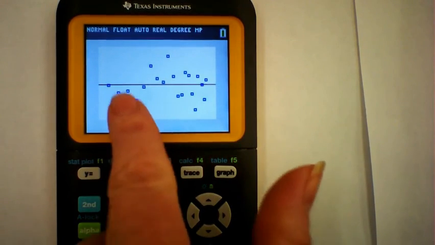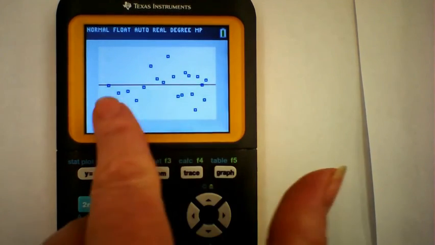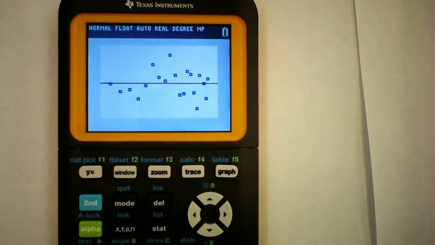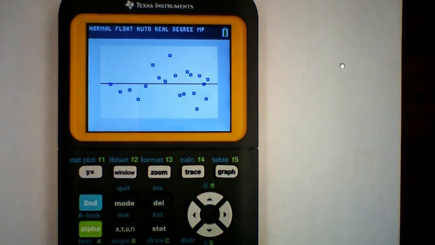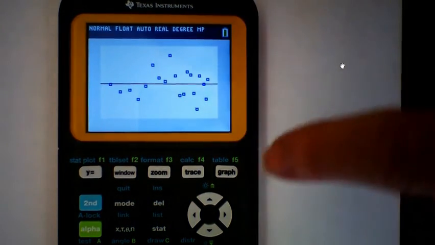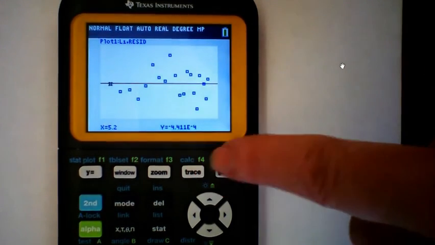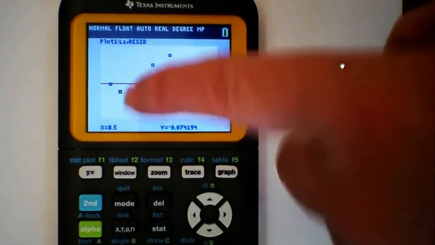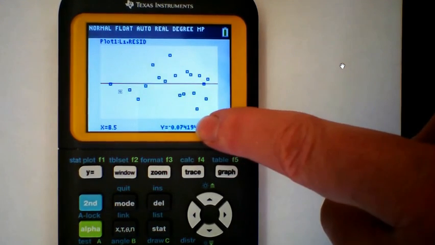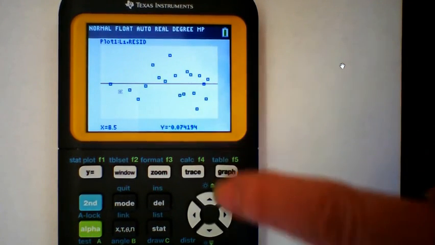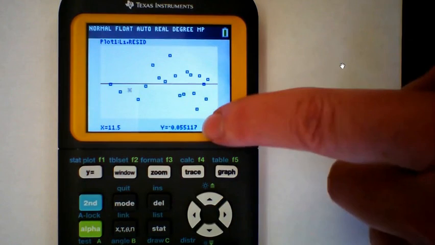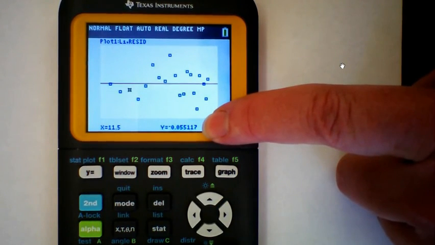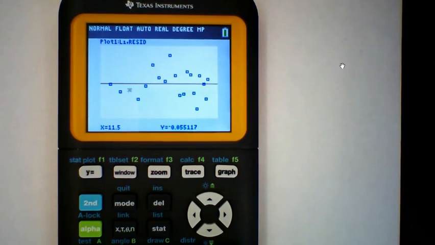maybe a little bit of clustering here. Somebody might be able to say that there's a little bit of a curve to this, but as I trace along here and look at how far off these residuals are in the y direction, that's really small. And that speaks to that standard error of the residuals.